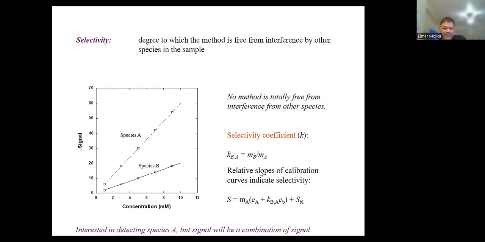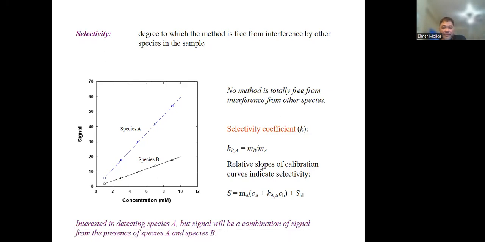Okay. So no method is totally free from interference from other species. Magkakaroon talaga ng interference unless you have a pure sample. But the more complicated your sample is, the more matrix effect, the more interference.